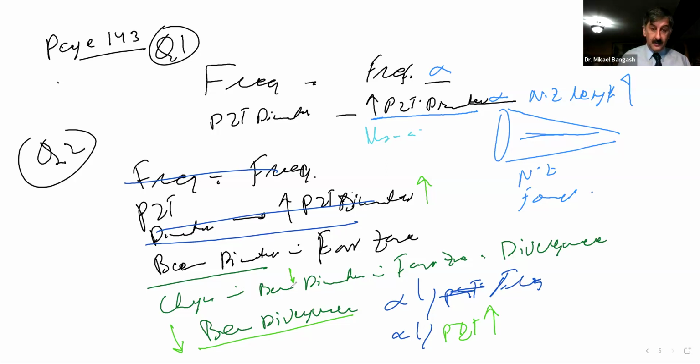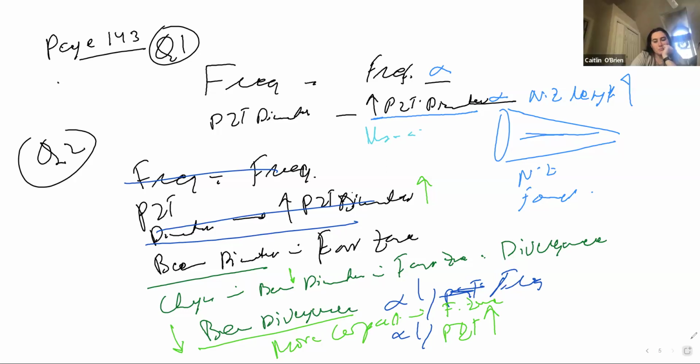We can also say this lesser divergence mainly means that the beam is more compact in the far zone, whichever way. Did you guys get that? Okay.